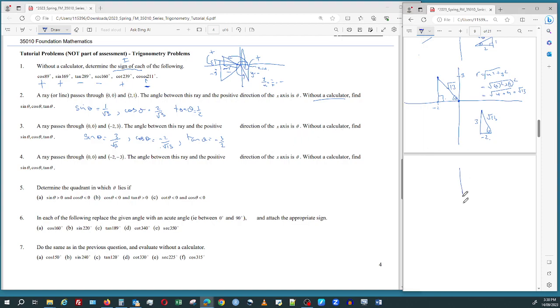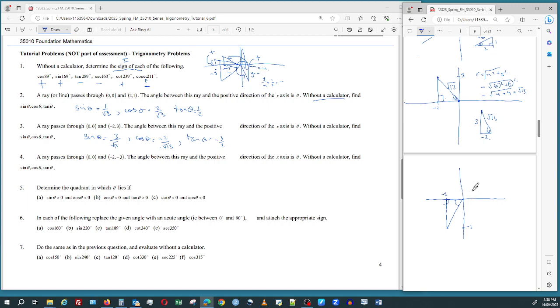And we can do another one. A ray passes through the origin, -2, -3 this time. So that's the way that we would draw our triangle in our exact values trig. Okay, -2 and -3.